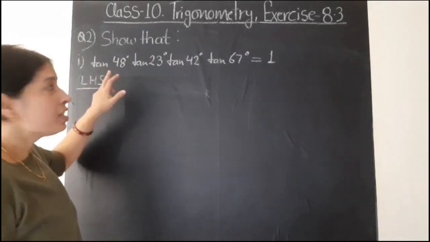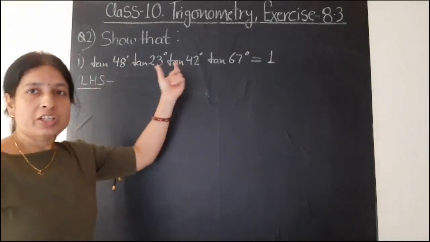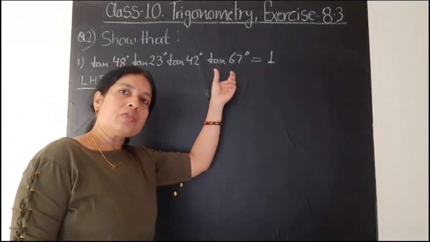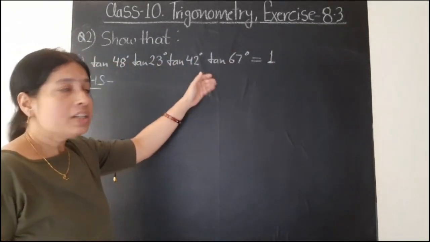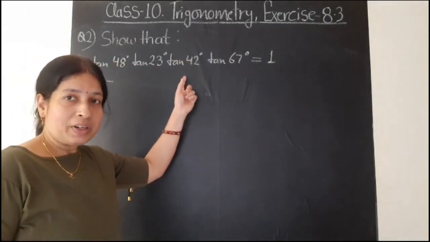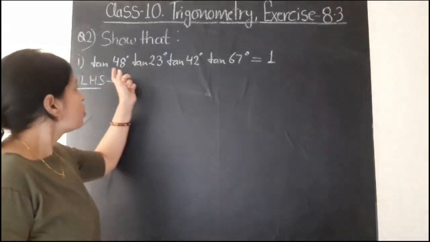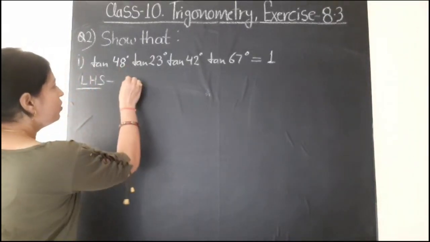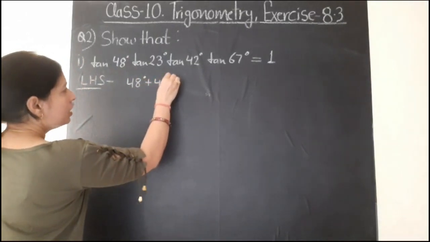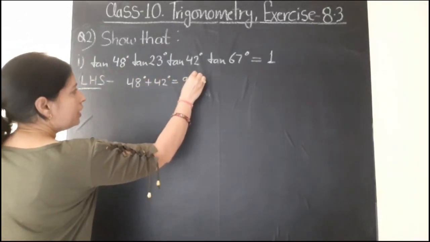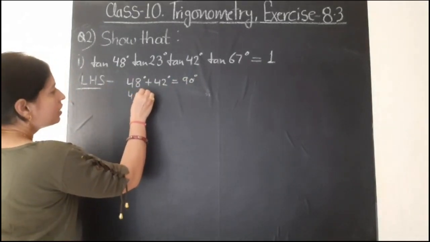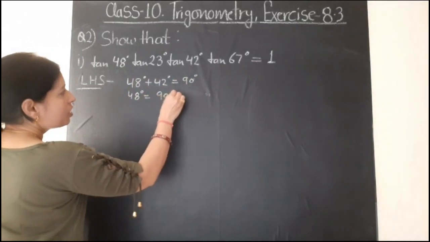In LHS you can see here 48 plus 42 is equal to 90 degree. 23 plus 67 is equal to also 90 degree. That means 48 degree plus 42 degree are complementary angles. So in place of 48 we can write 90 minus 42 degree.